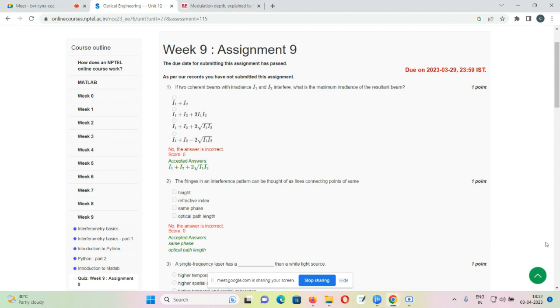Our first question is: if two coherent beams with irradiance I1 and I2 interfere, what is the maximum irradiance of the resultant beam? So we can explain the question in this manner.